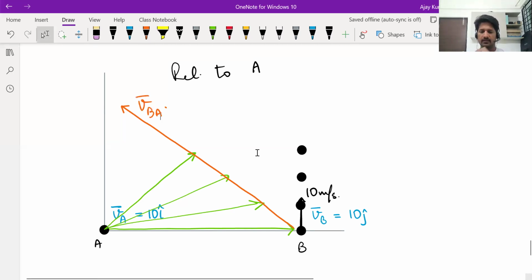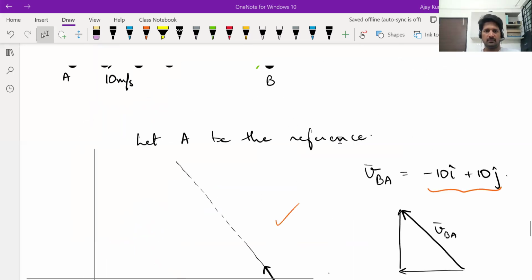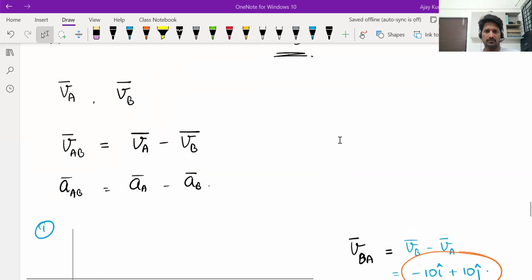Is this point clear to all of you? How we got what relative motion actually means in 2 dimensions? We are just visualizing how one object appears to move with respect to another object. Fine. Now, in this situation, I'll ask you one question.